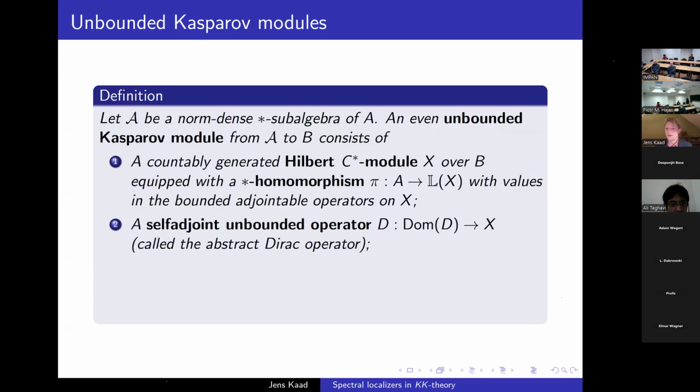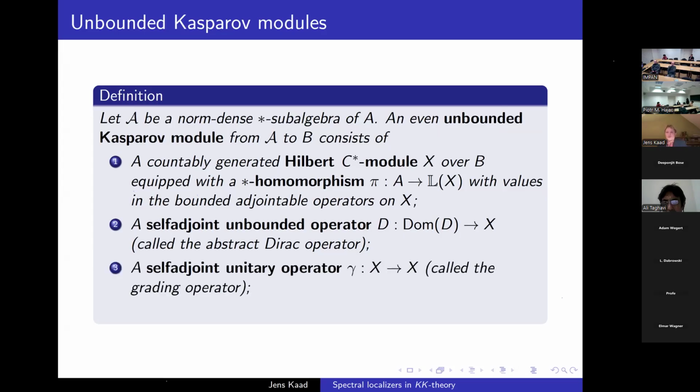In particular, the domain of capital D is the same thing as the domain of its adjoint. Third ingredient, that's a soft one. It's just a grading operator because I'm in the even case. So this grading operator is a self-adjoint unitary operator acting on my Hilbert C-star module. So it's self-adjoint and it squares to the unit.